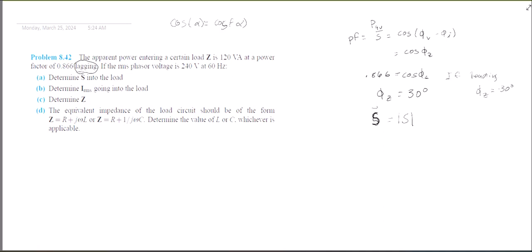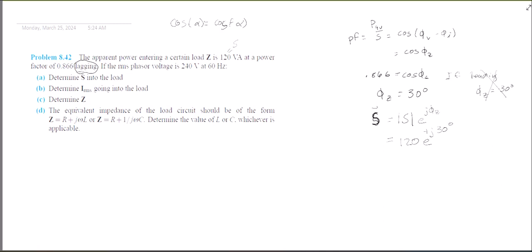So that would be 120 e to the j phi z, or 120 e to the negative j 30. No, this is positive. This was if it had been leading, but it's not. It's lagging. To the positive j 30 degrees.